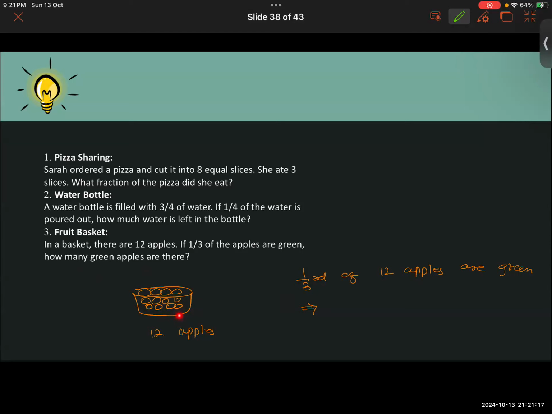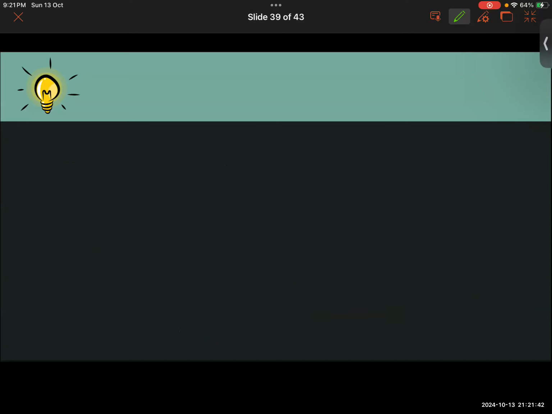So 1/3 of 12 means 1/3 multiplied by 12. That is 4, meaning that 4 apples out of the 12 are green in color. We will be learning in detail about this in the case of the multiplication of fractions.